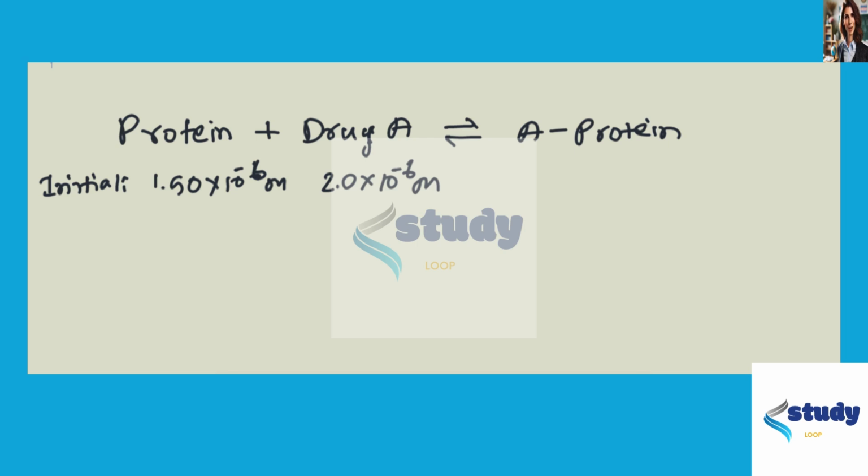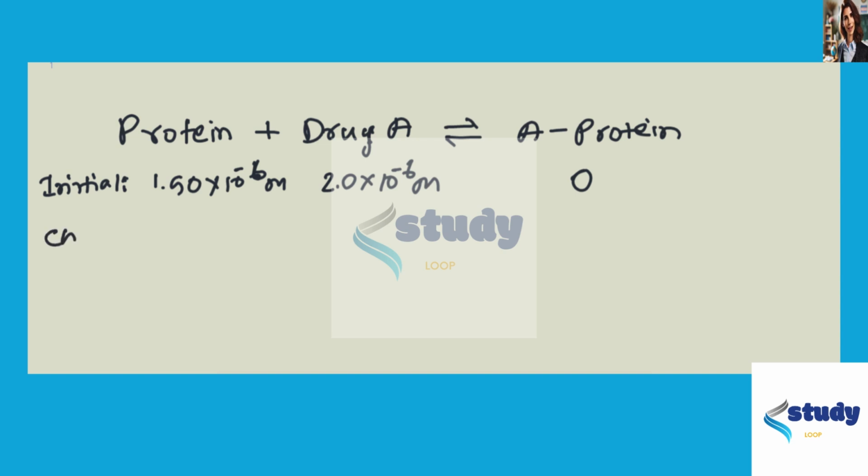So now if we set up an ICE table for this reaction, we will write down the concentration of the drug protein complex initially as 0, since there is no drug protein complex formed at the initial stage.